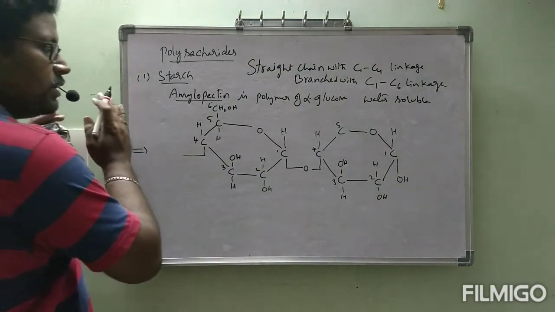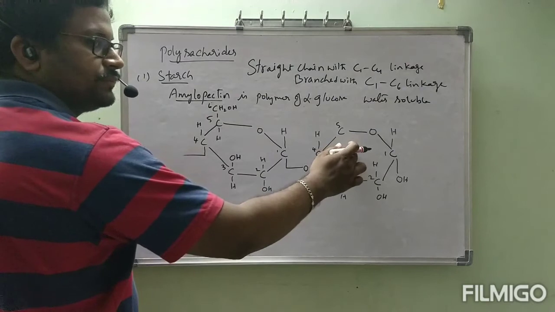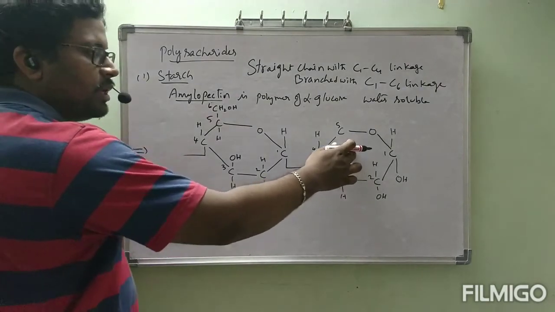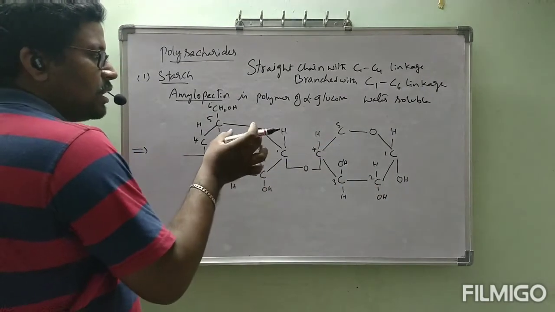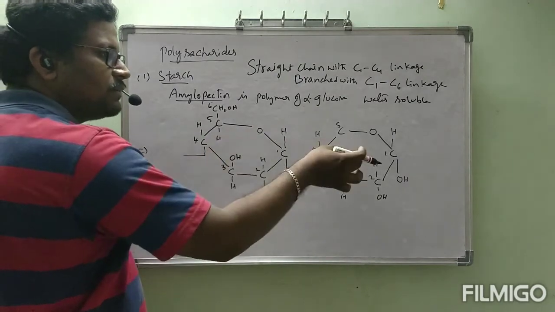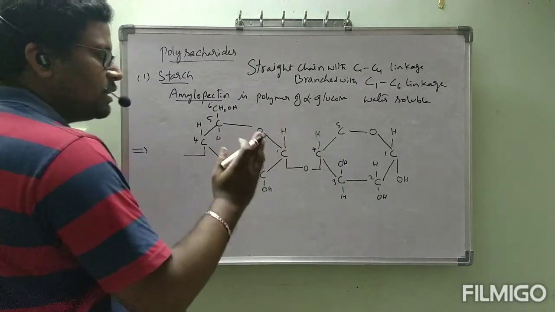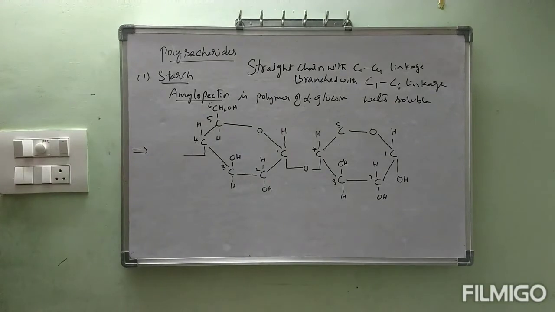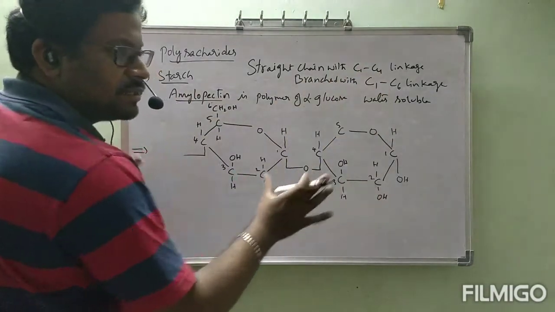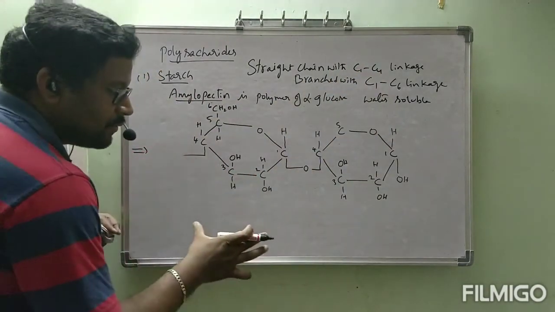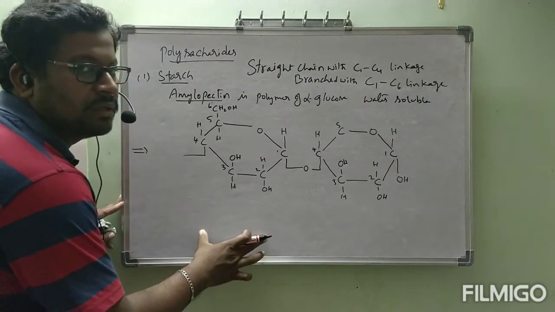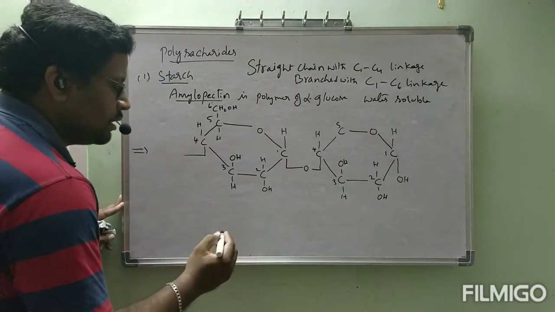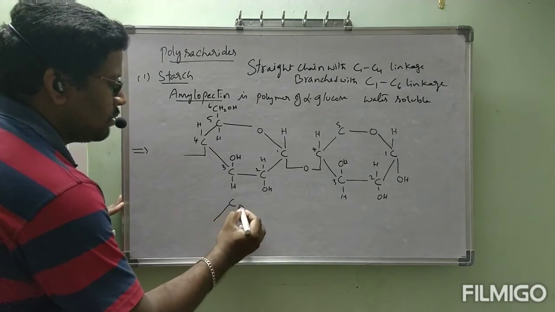So many units continue up to this extent. Imagine this is the last one. Remaining units are all continuing like this. Straight chain, this is the end. You can imagine it like that. Now one more chain I am going to consider here, separately.